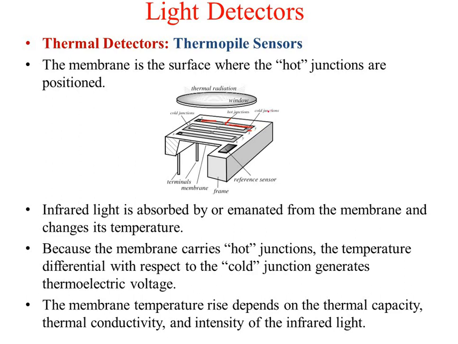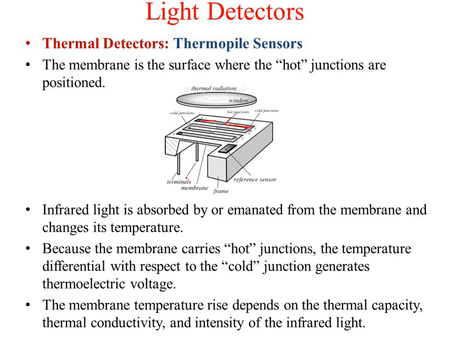The cold junction is at a reference temperature and the hot junction is exposed to the thermal radiation. This is how you get a combination of hot and cold junctions connected together. That forms a thermopile, which is placed on the membrane, and the two terminals are taken out to measure the change in thermal activity.